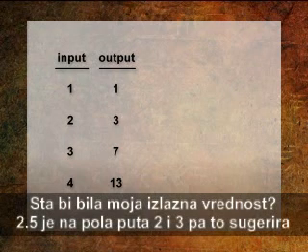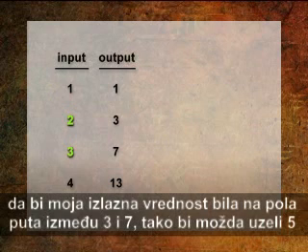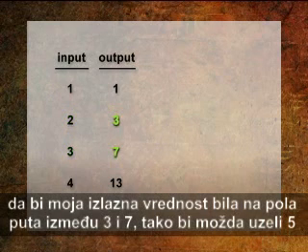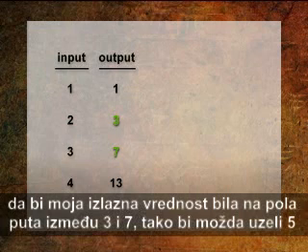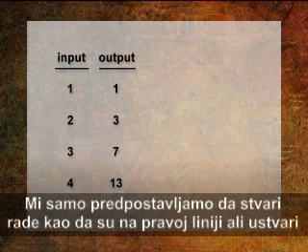Well, 2.5 is halfway between 2 and 3, so that suggests that my output should be halfway between 3 and 7. And so we might take 5 as the logical output, and that's what's called a linear interpolation. We're just assuming that things work as if they're on a straight line.